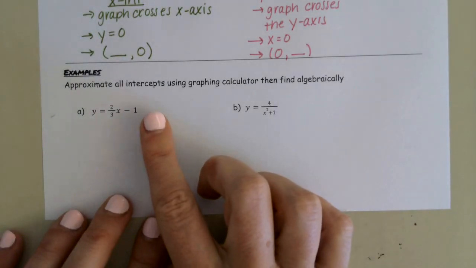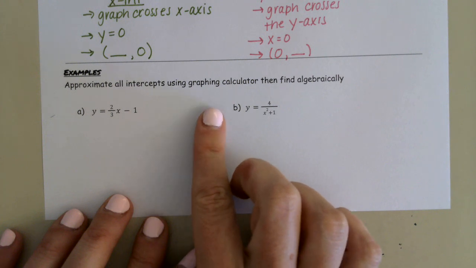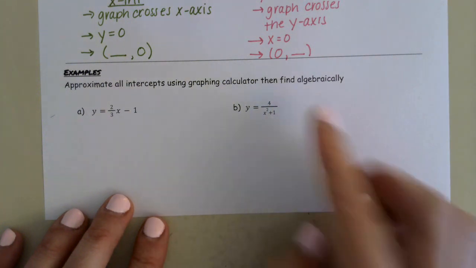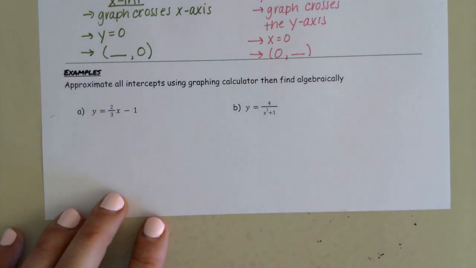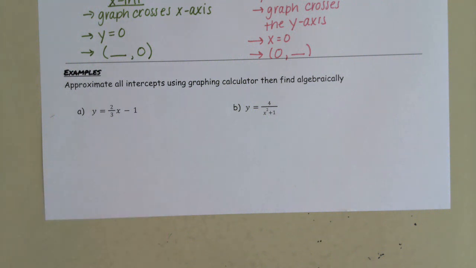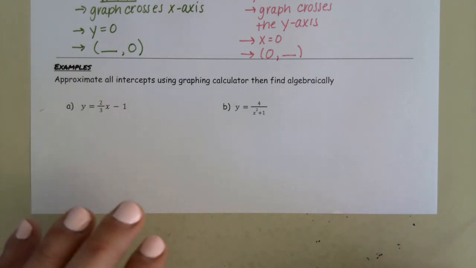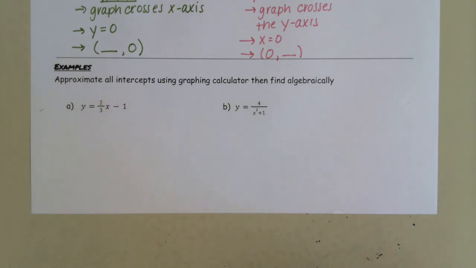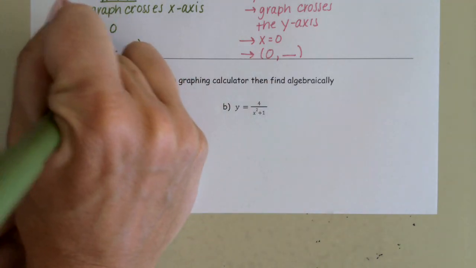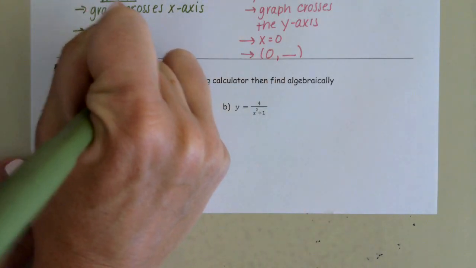So, approximate all intercepts using your graphing calculator, then find algebraically. So you have to do it two ways. You use your graphing calculator and you do it by hand. Okay, you won't have to do that every time, but in this case we are. So I do notice that this is a y equals mx plus b.